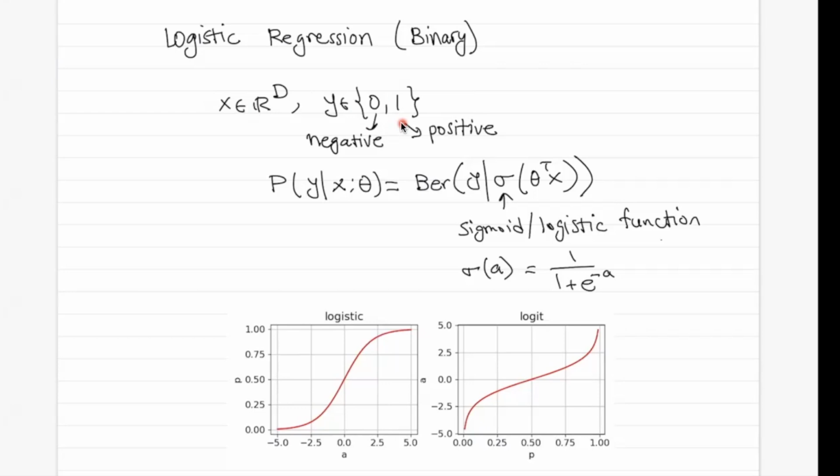And throughout this video, we sometimes call this 0 and 1, sometimes positive and negative, and that really depends on the context. How does logistic regression work? So the goal is to have a probabilistic model, meaning that we really find the probability of the label given the input vector and some parameters theta.